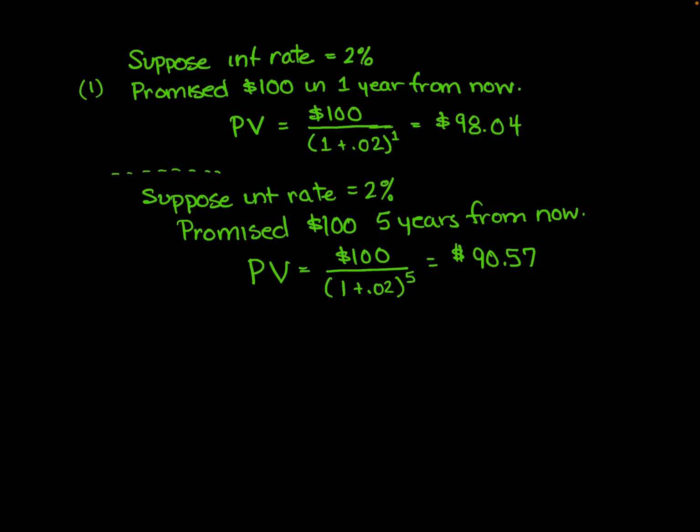So why is it that a certain amount of money to be received farther into the future is worth less to you today? Well, one reason is you just have to wait longer to enjoy the benefits of that.